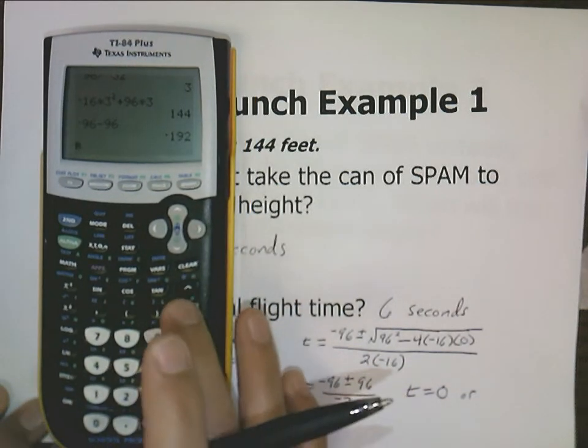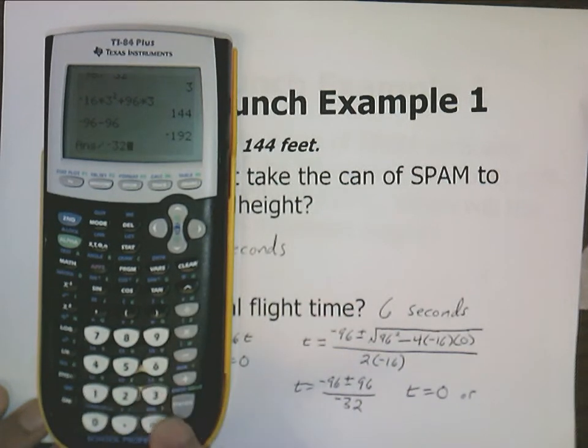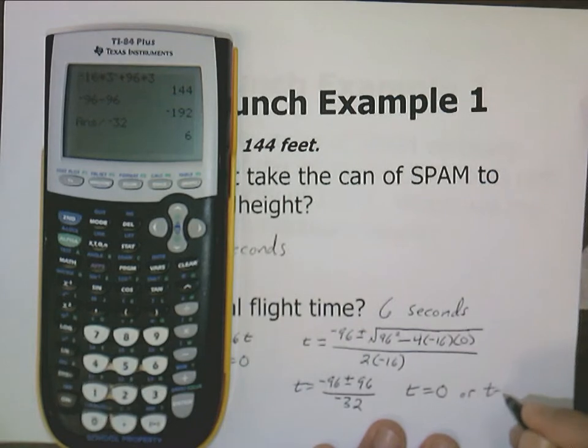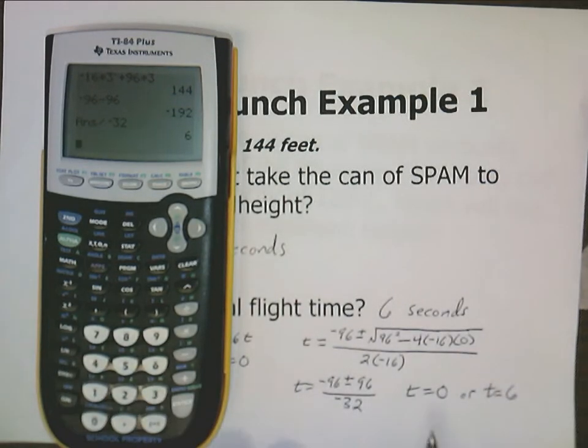We divide that by negative 32, and there's our 6. So when time equals 0, the thing was on the ground. That's when, because the time of 0 is going to give an h of 0. Or when t equals 6, the can's back on the ground. So because it starts on the ground, that's where we get this solution, but it hits the ground again when time equals 6.